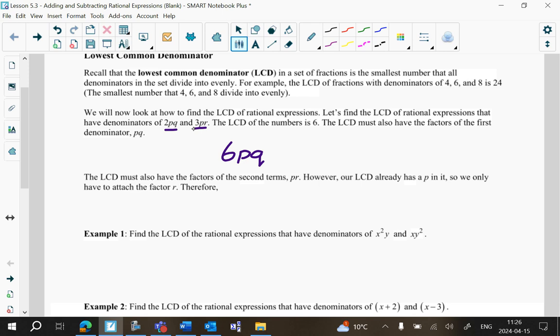But r is not, so it has to be part of the LCD. 6pqr is going to be the correct LCD. So it's the LCD of the numbers, the coefficients, and then all the variables that you see. And you don't have to repeat variables.